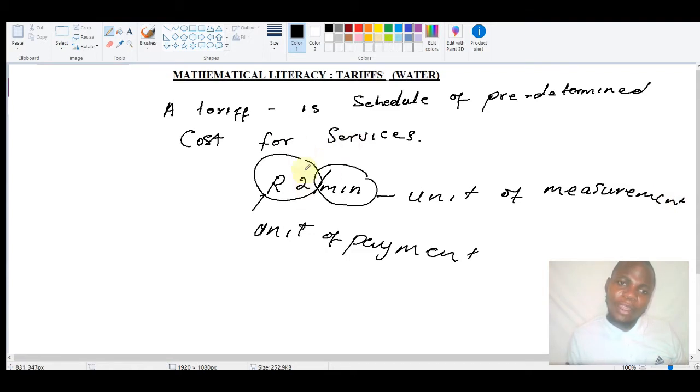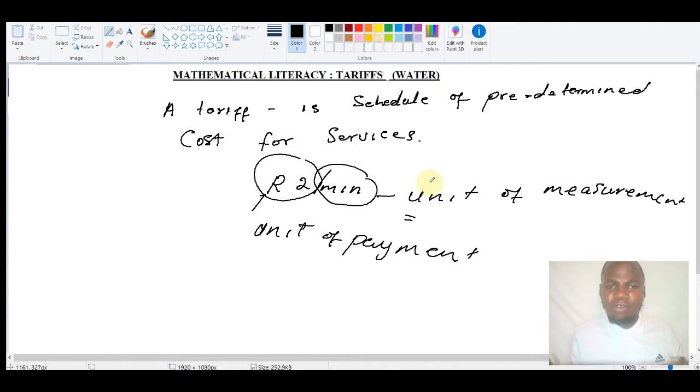By unit of payment, we mean this cost is in rand, so we charge you in rands. The unit of measurement is how we measure the length of your call, in minutes. So you can have 2 rand per second, where your unit of payment is rands and your unit of measurement is seconds.